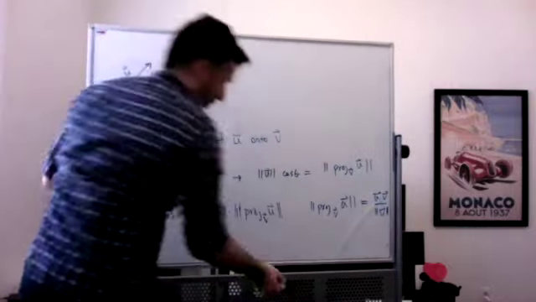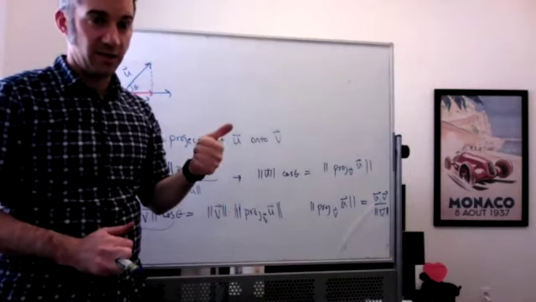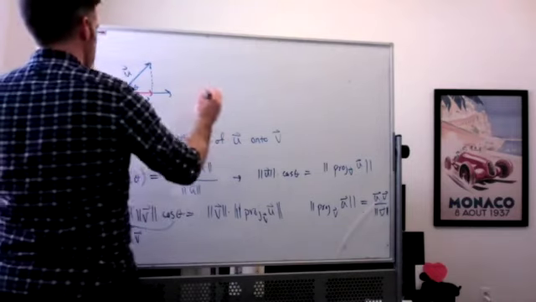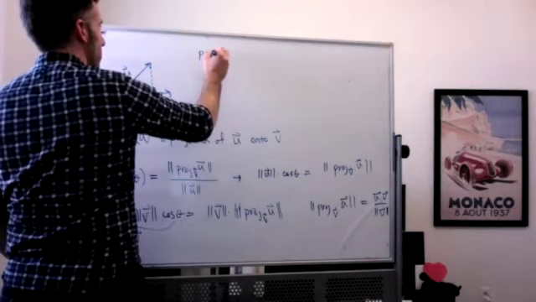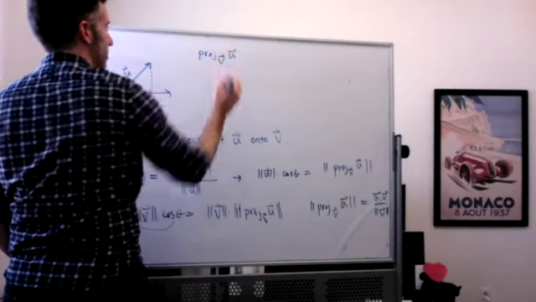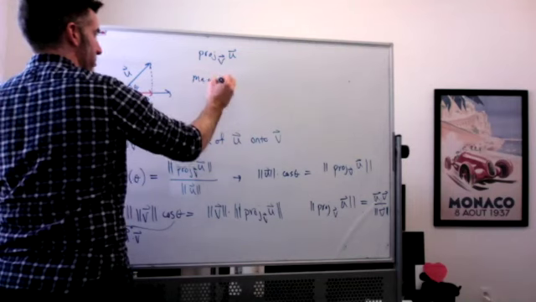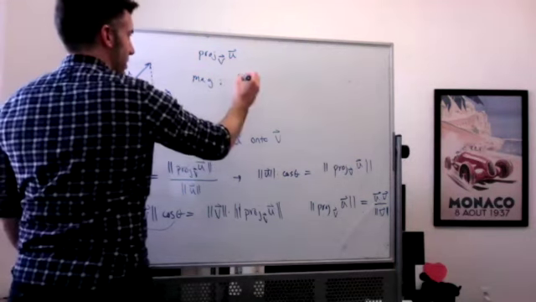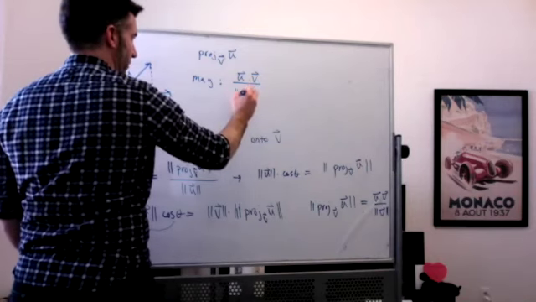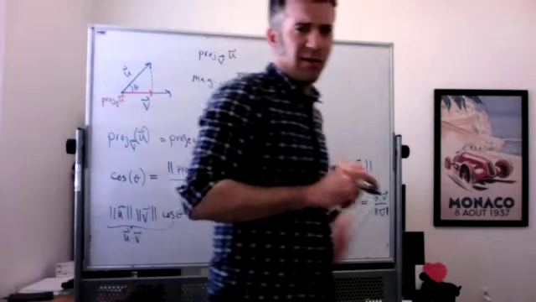When you talk about a vector, all you need to know is its length or magnitude and its direction. So the projection of u onto v: the magnitude is u dot v divided by however long v is. What's the direction? Well, you might say the direction is v, James.